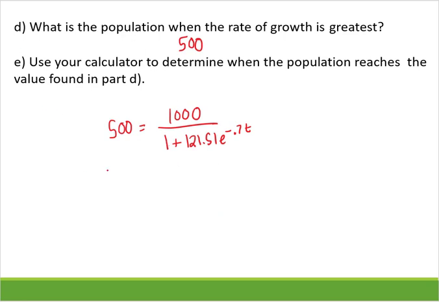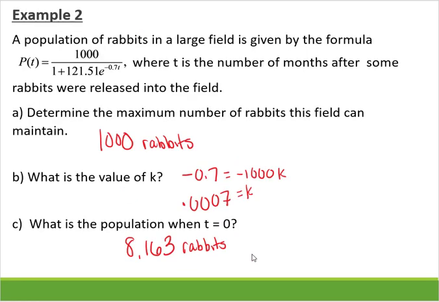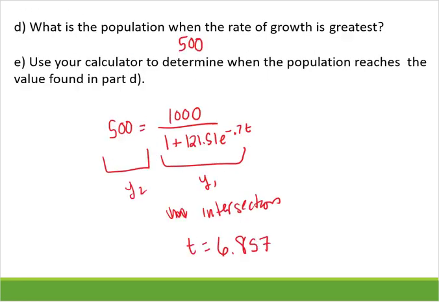So again, we have our calculators, put that in y2, put that in y1, and find the intersection. And that happens at 6.857. And remember, we're going to be talking about this in terms of 3 decimal places. That's the time, number of months.